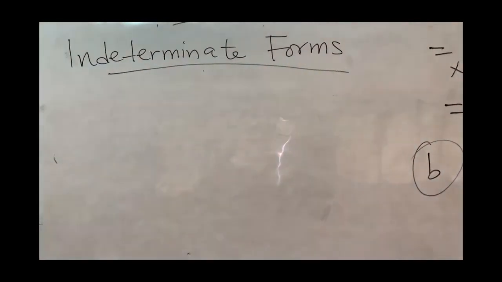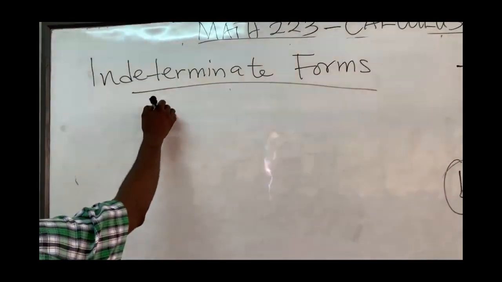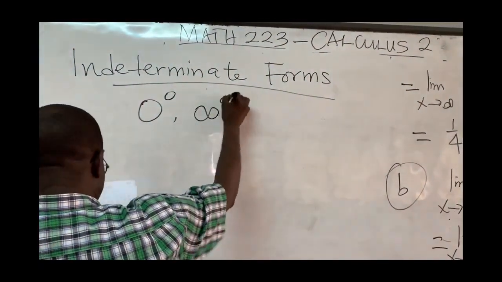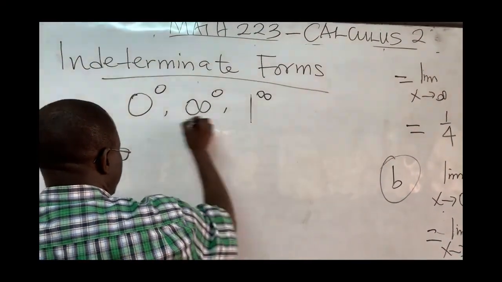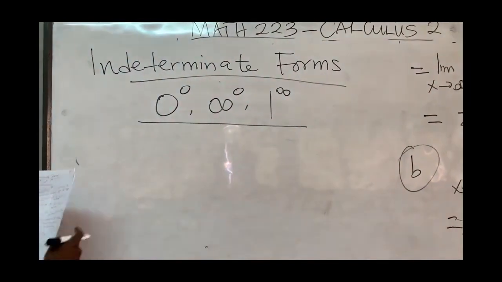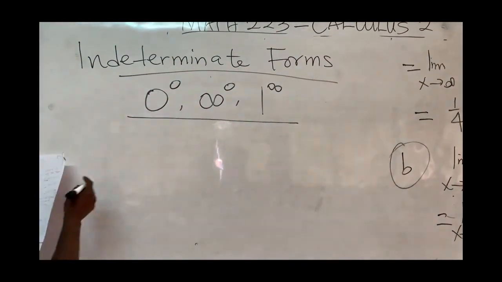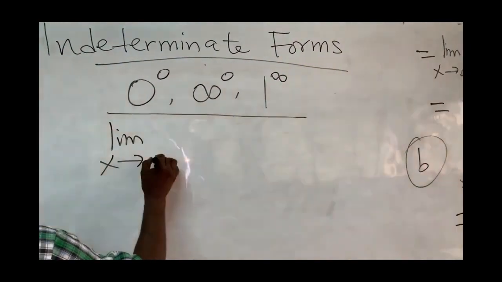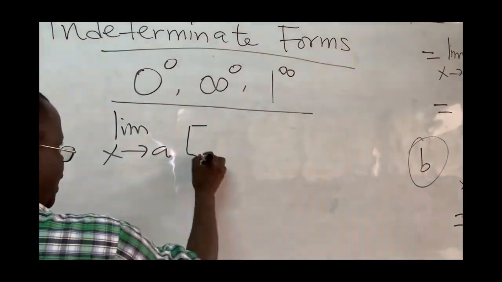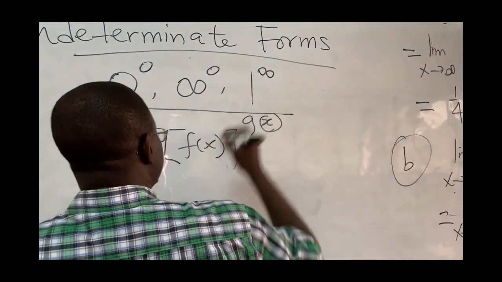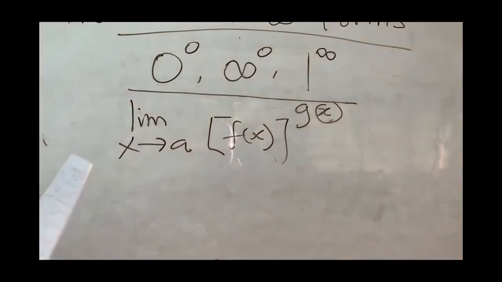We have indeterminate forms 0 raised to the power 0, infinity to the 0, 1 to the power infinity. This occurs if you have the limit of x going to a of an expression, let's say f of x raised to the power g of x.